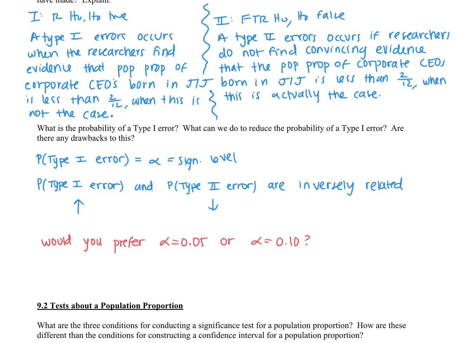If alpha is an error, I want the smaller error. But what you have to recognize is if we decrease the probability of a type 1 error, so if we make that one lower, the probability of a type 2 error will go up. So what you have to do is determine which error is worse.